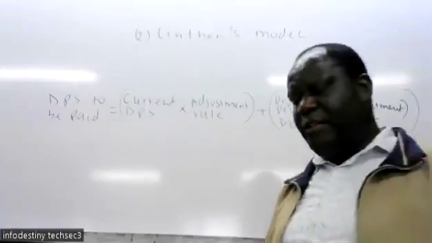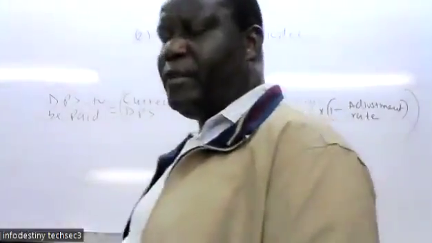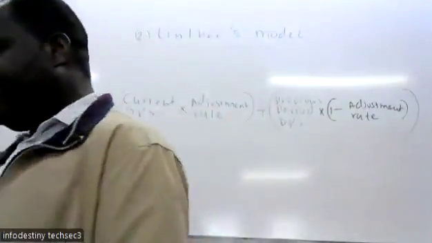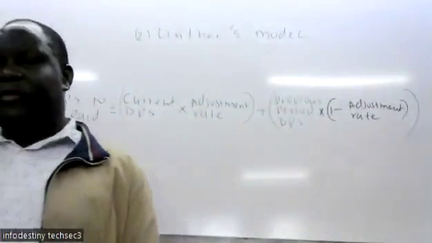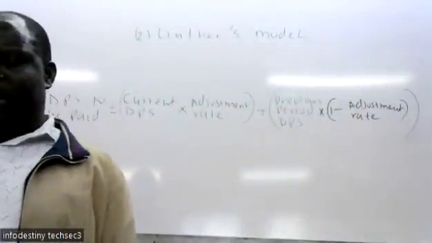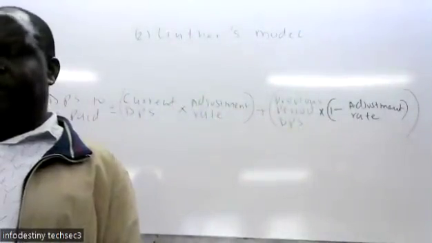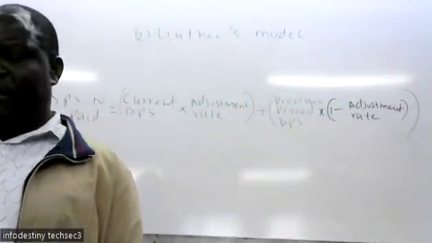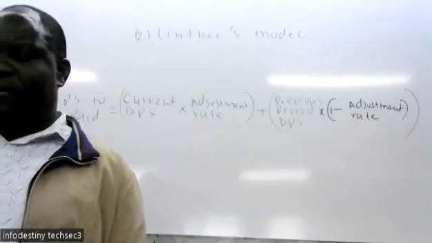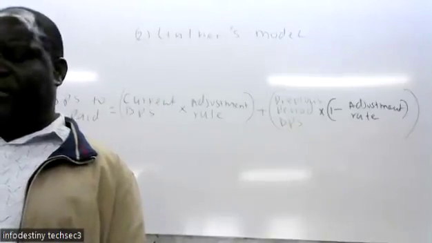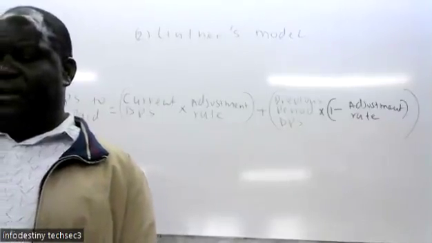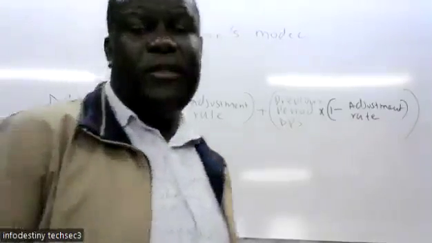Then dividend per share for the year 2015 was given as 2.4. Target payout ratio was 0.6. Then adjustment rate was 0.7. So using the Lintner model, predict the dividend per share for the year ended 31st December 2016.